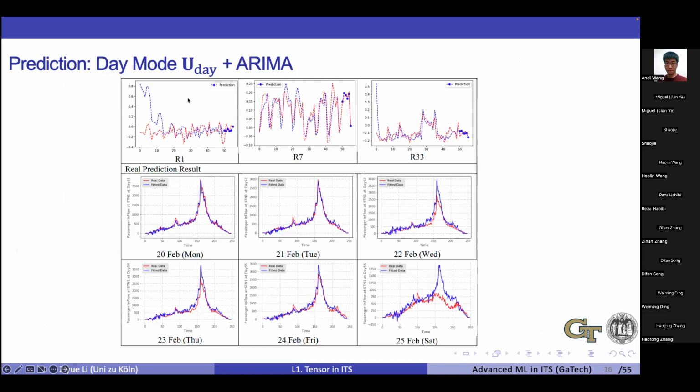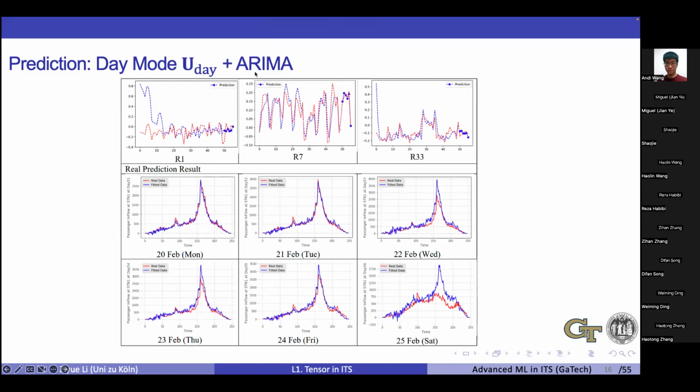And similarly, this is the real prediction result by the 1D ARMA model. You can see this is the prediction result for the day matrix, and this is the real one, and it's quite accurate, except on Saturday. Why?